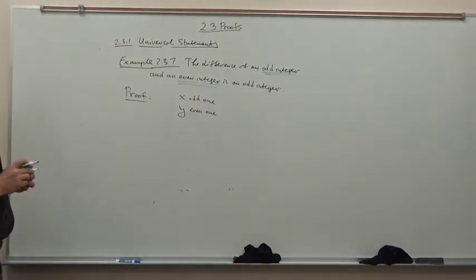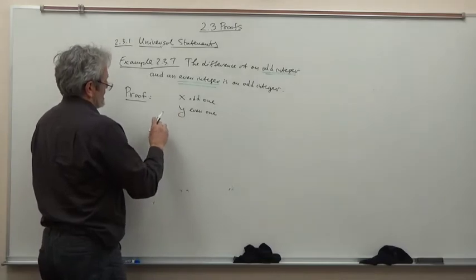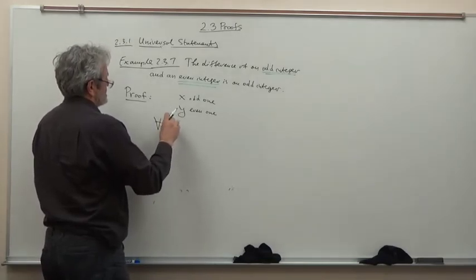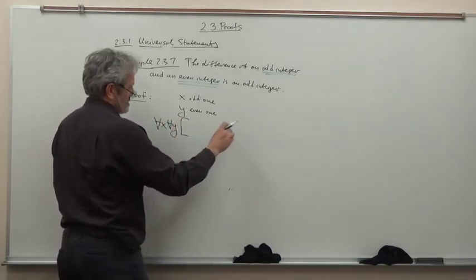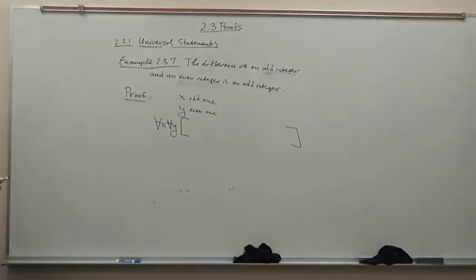So what then? The difference of an odd integer and an even integer. So we say the following. For every x and for every y. So we are just making the statement for any two objects. It's all in integers.